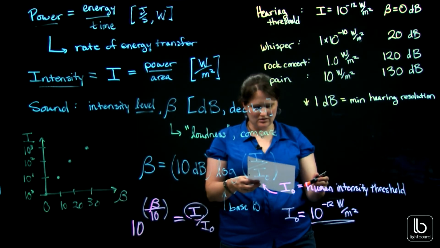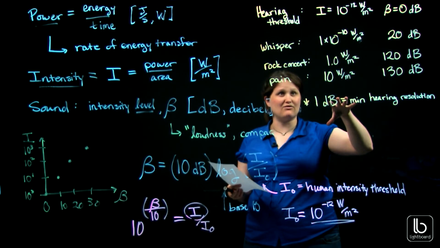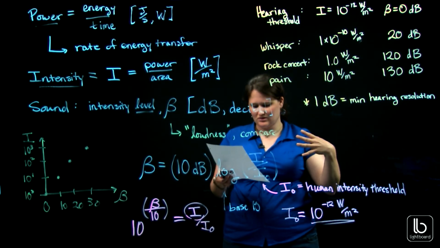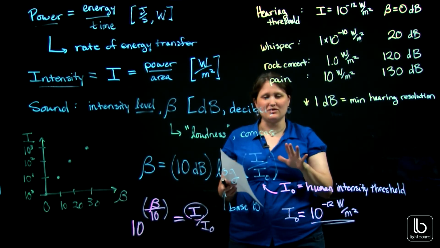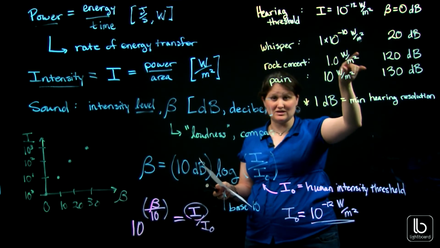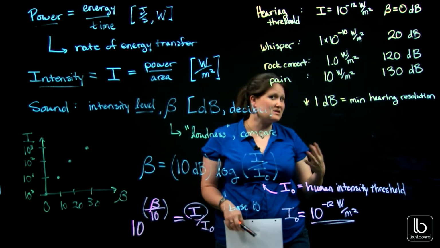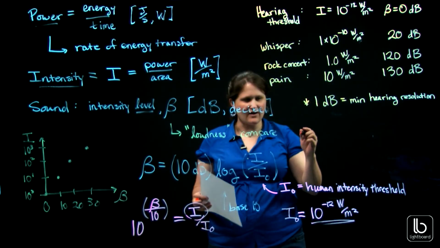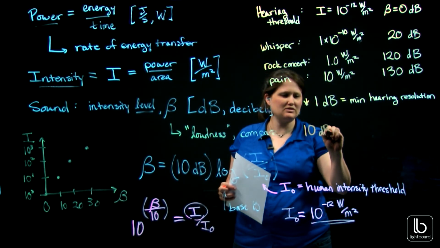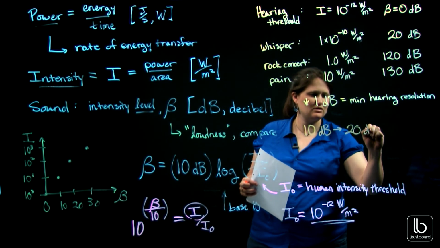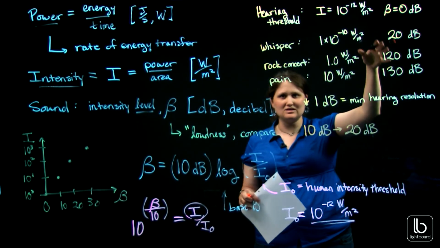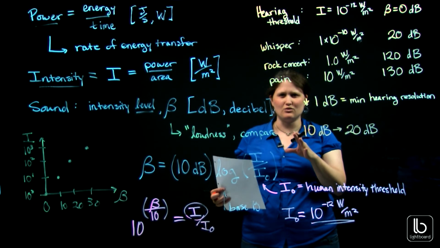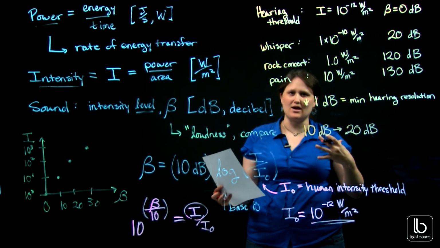Also, as we saw, if we double the intensity level, it's not the same thing as doubling the intensity. And it's really not even the same thing as doubling the perceived loudness. And that's where that gets a little funny. But if I go from 10 decibels to 20 decibels, that is indeed doubling the intensity level. And that does sound like a doubling in loudness. Like you might say this one is twice as loud as the other.